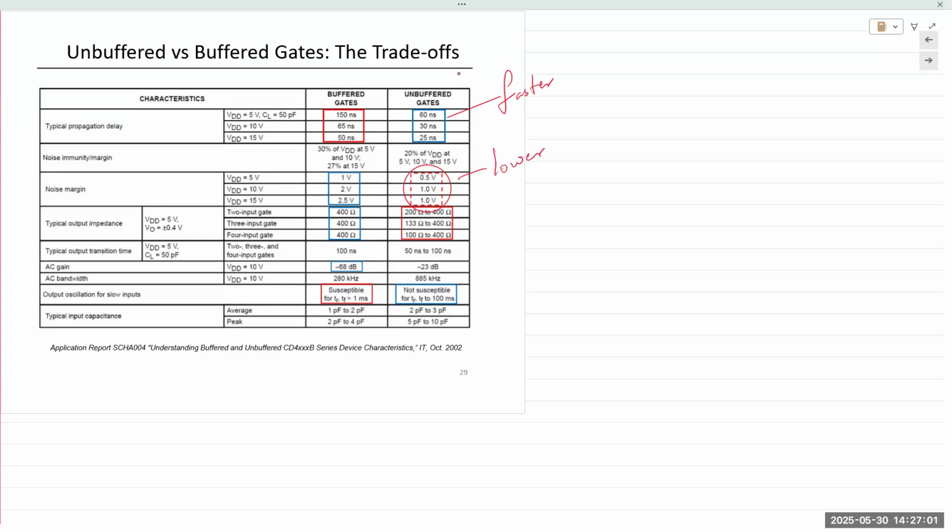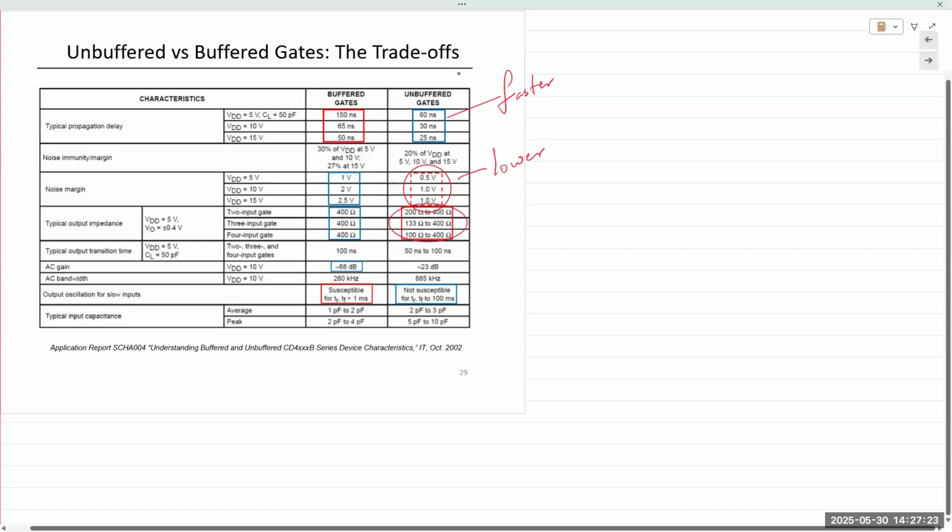So unbuffered gates are slightly faster. The noise margins are lower, and higher noise margins would be desirable. And then the resistances are variable. Okay, we don't want that. We don't want our resistance to vary.